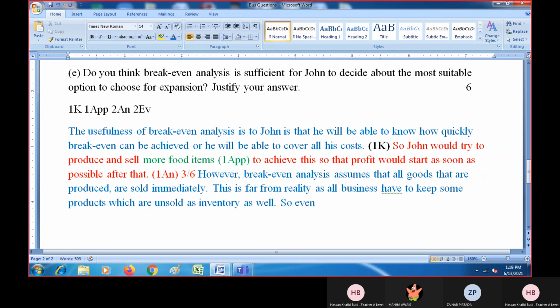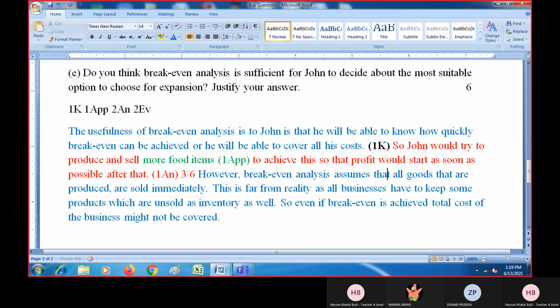So even if break-even is achieved, total cost of the business might not be covered. Now I wrote that all businesses have.